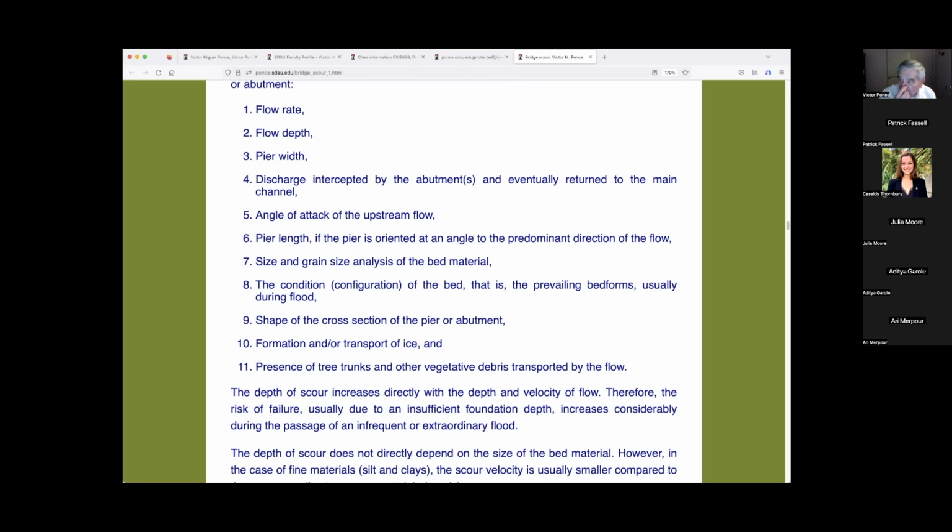Sometimes the flows carry a lot of vegetative debris, and depending on the quantity, it could endanger the security and safety of the bridge. Some bridges have been hit by logs and have been destroyed, by the way. Not common, but sometimes it does happen.